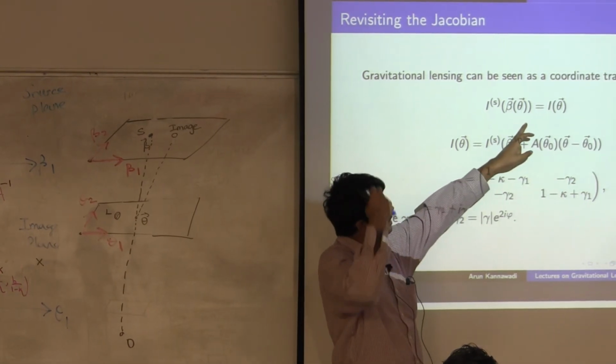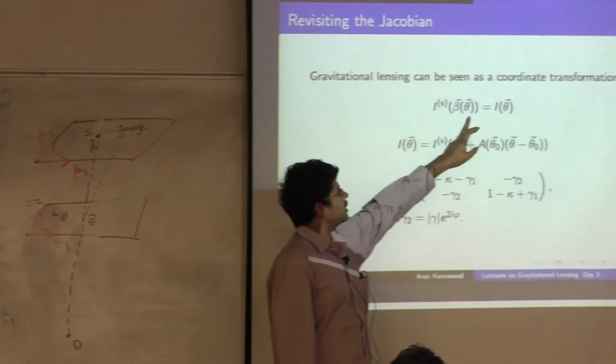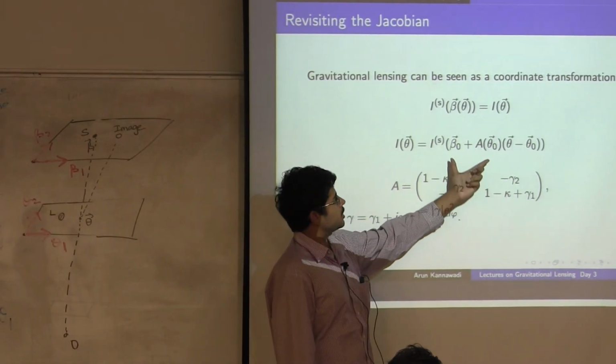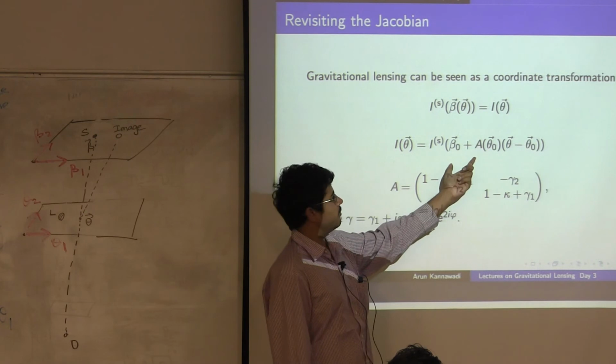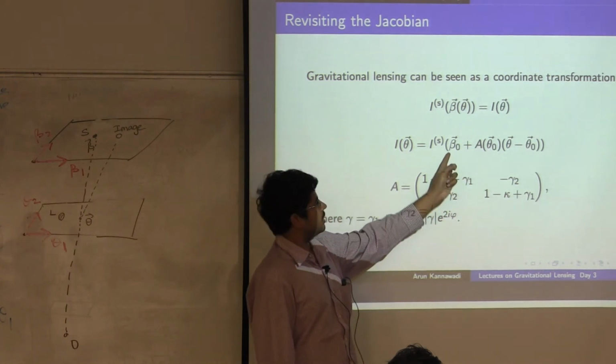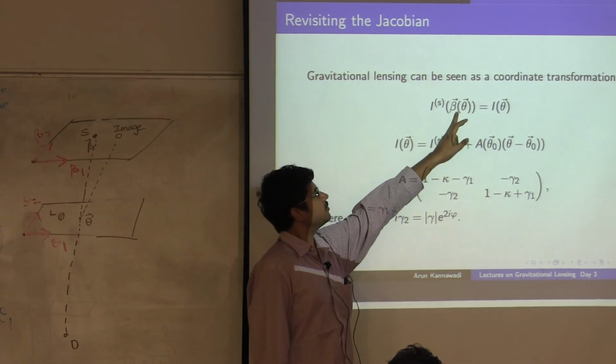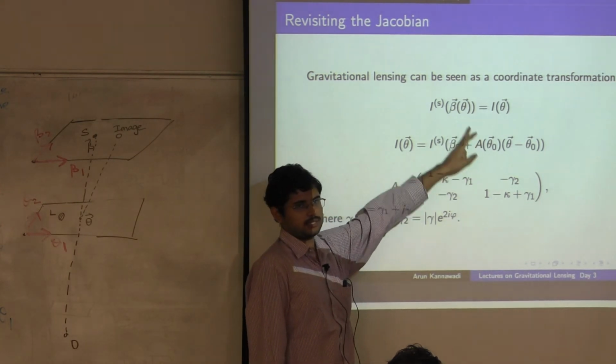This is a general mapping from theta to beta, and what we've said is we'll assume that the mapping is smooth and we will linearize, so we'll do a Taylor expansion of this function beta as a function of theta.